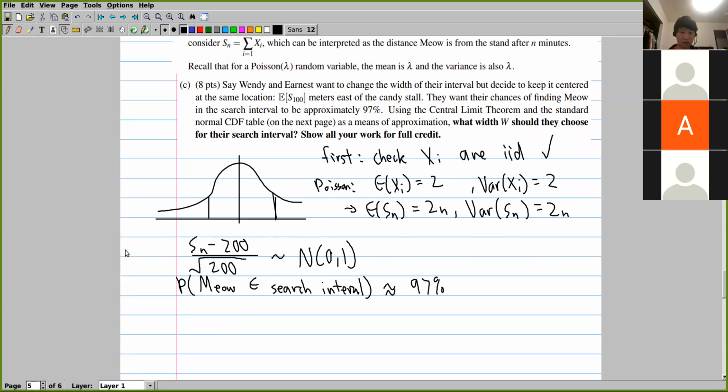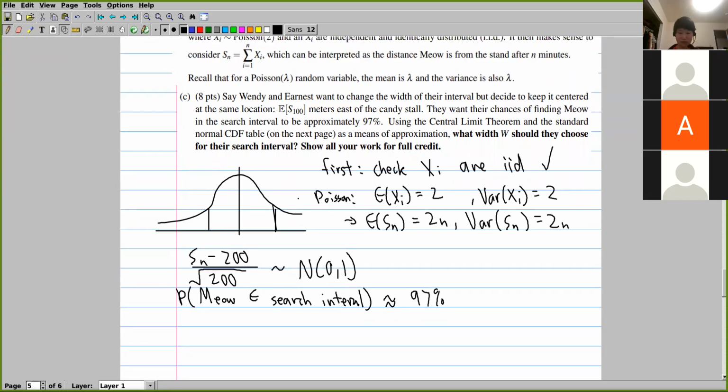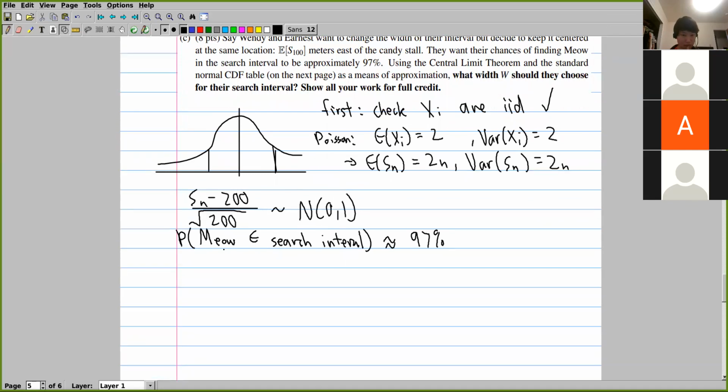All we do now is plug it into the CDF. If it's centered at 200, then our width is W for the whole thing. So on this side it's going to be 200 plus W over 2, and on this side 200 minus W over 2. So now, instead of just saying search interval, we can have this specific interval.